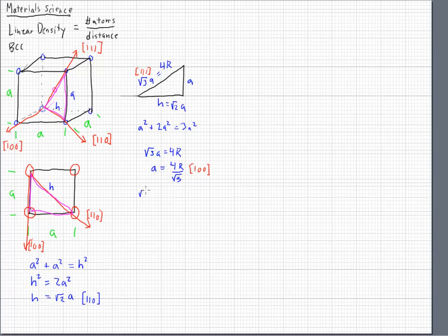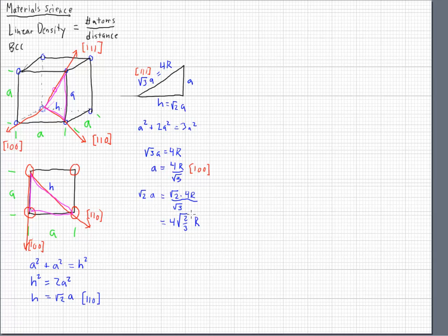So square root of 2 times a equals the square root of 2 times 4r all over the square root of 3, which equals 4 times the square root of 2/3, all that times r.